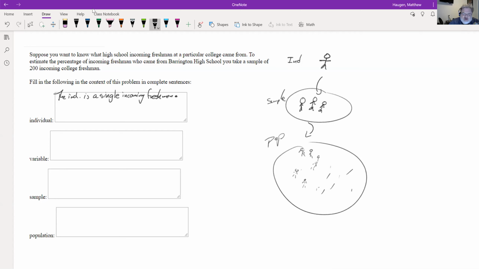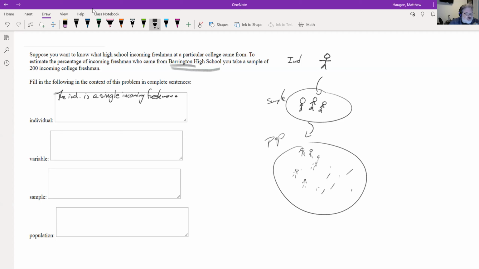The variable here is essentially what we're asking them for. Which high school? We're actually not asking them what high school they came from. To estimate the percentage of freshmen who came from this particular high school, we don't actually want to know what high school they came from. We want to know, did they come from this specific high school?